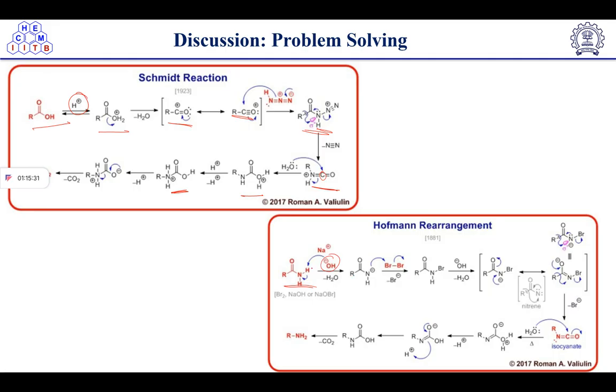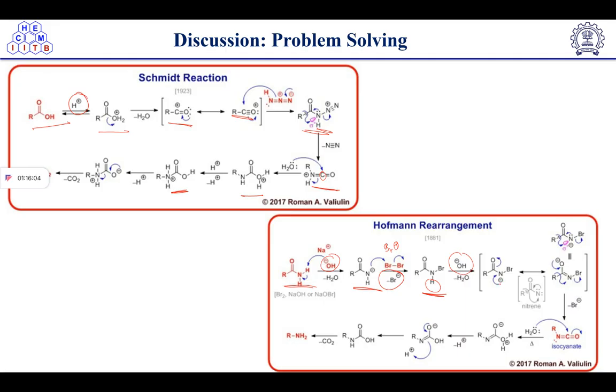So proton abstraction will take place first, and after the proton abstraction, we will get this intermediate. Then this negative charge will act as a nucleophile and will trap the Br, and Br minus will leave. Okay. After getting this one, we get this intermediate. And further, we have basic condition, right? So base will abstract the proton from here, and a negative charge will be generated on the nitrogen atom.